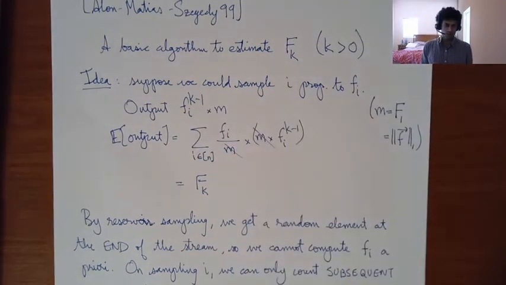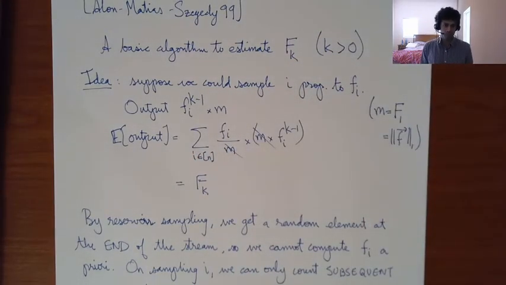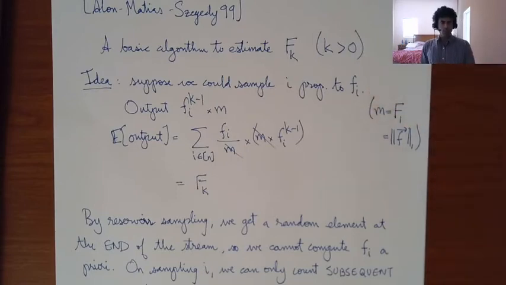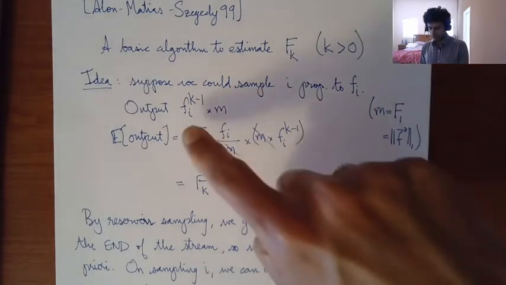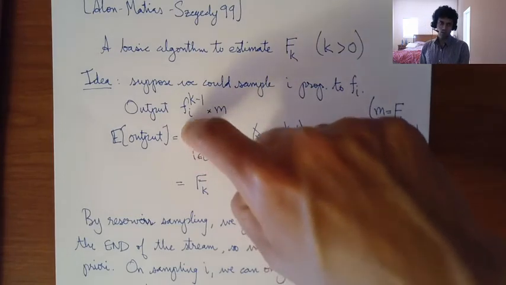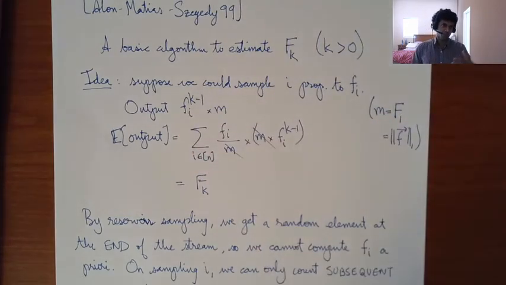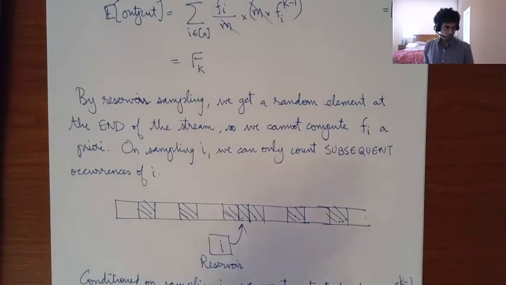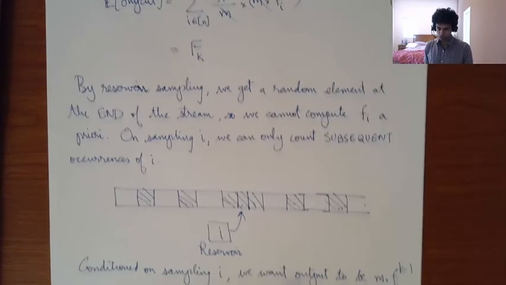And you ask how you can implement them in the streaming setting. The first one I know I can do with reservoir sampling. But then I need to get f_i, and I don't know how to get f_i. I can only get the number of subsequent occurrences. So I'm going to start by doing the math with whatever I can count, and then you'll see how to fix this problem.